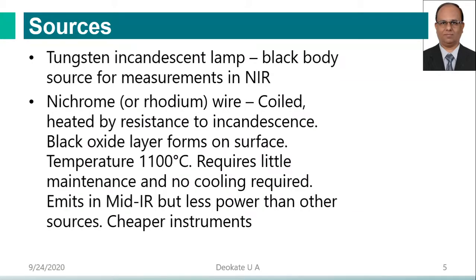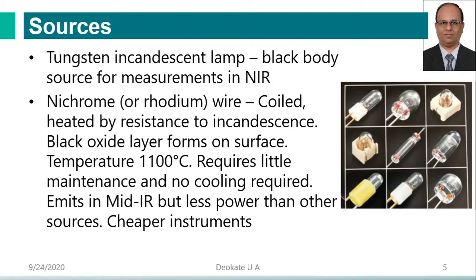So they are utilizing nichrome or ruthenium wires coiled in an evacuated chamber, which is heated by resistance to incandescence. Black oxide layers form on the surfaces which emit the radiations in the IR regions.